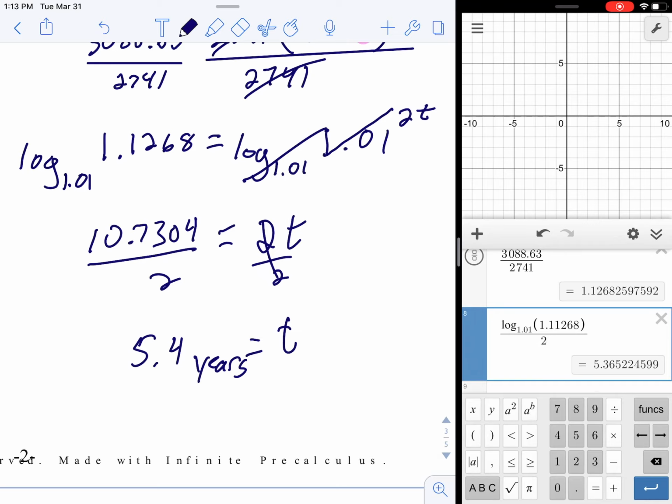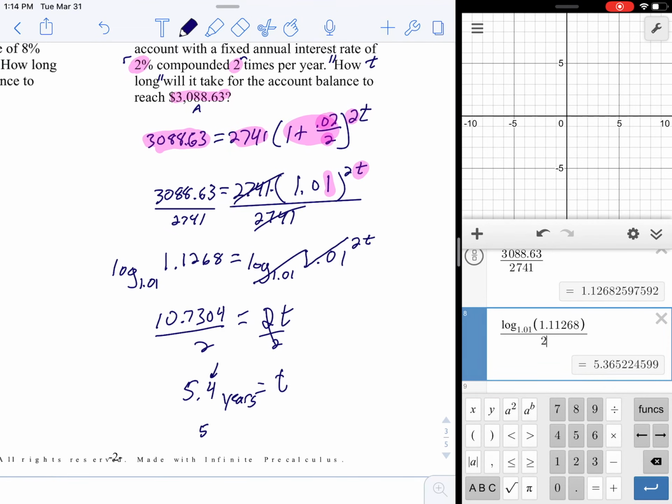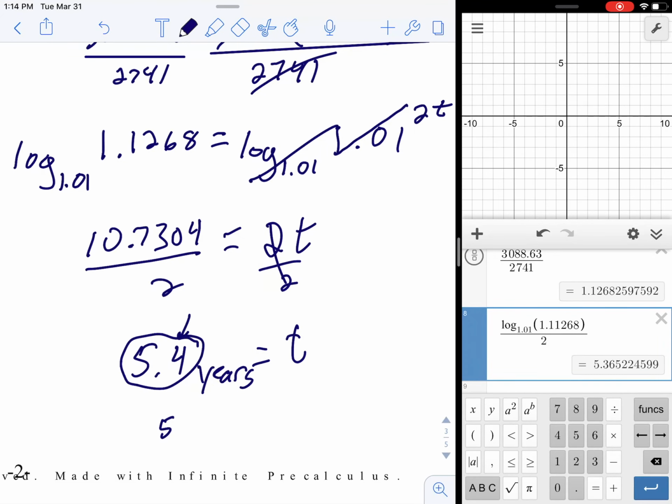Well, if we followed regular rules of rounding, we would call that 5, right? Because this number would cause us to round down. But if you are trying to say that you're going to earn a certain amount of money in 5 years, and it's clearly going to take more than 5 years, then the rules of rounding, although they apply in certain mathematical senses, don't really apply here.